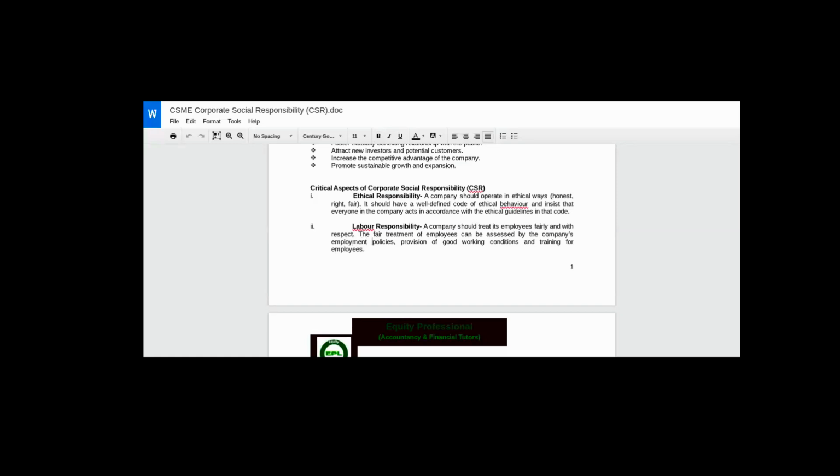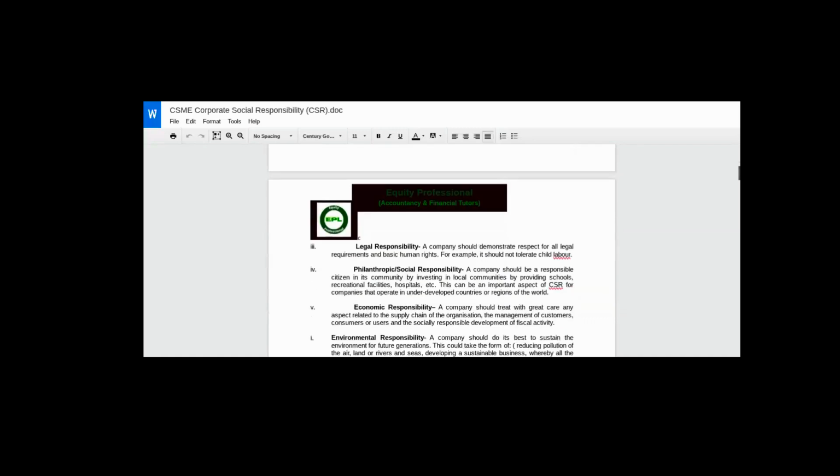We have to recognize the trade union of the workers. We have to provide good working conditions. Improve the capacity development of your staff through training and other developmental programs. These are the ways we can give back to our employees. That is what we call labor responsibility. Apart from that, we have what we call legal responsibility.